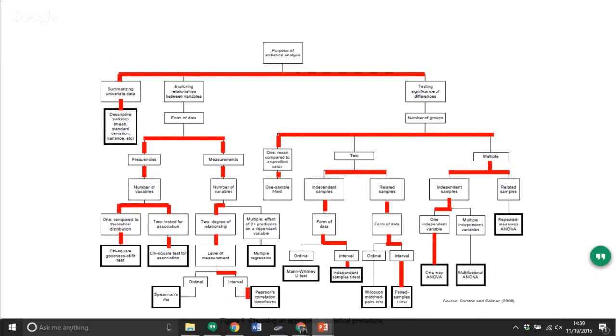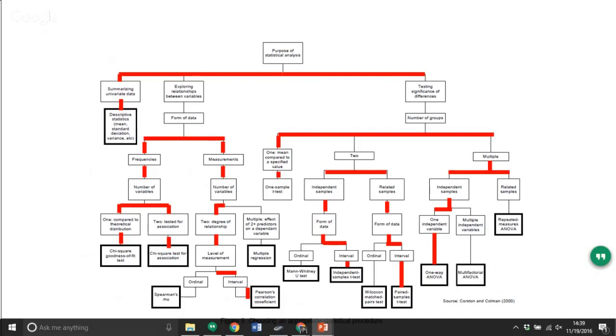All right, so I mentioned here again the kind of the tree that would allow us to determine the appropriate statistical procedure. Certainly there are other ways of making this tree. There are tables that you can make. I've seen tables that look at what the dependent variable is, is it continuous or categorical, then look at how many variables are independent, are they continuous, categorical? So there are other ways of showing this same tree.